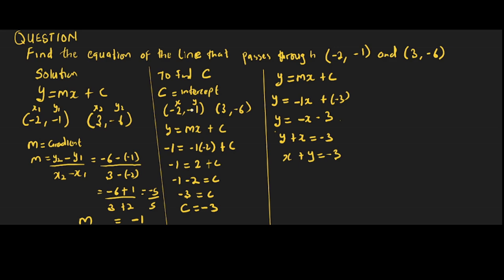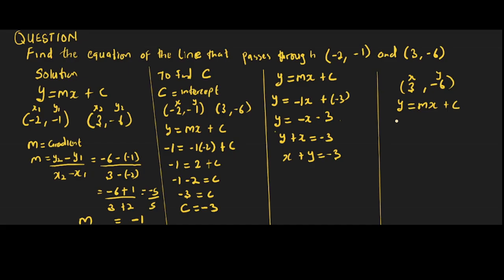Alternatively, we decide to make use of this other point. In the solution here, I made use of this first point. If you also make use of this second point, you're also going to have the same answer. Let's see, we have y equals mx plus c.